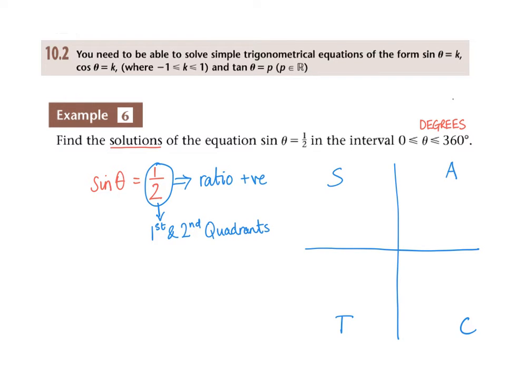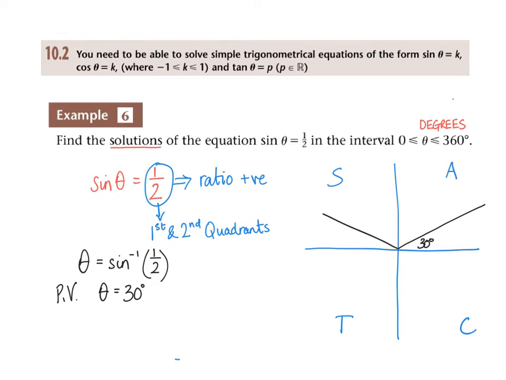So what we do is we use a calculator to find out what theta is. So theta is equal to the inverse sine of a half, and that will give us our principal value. So that will give us the acute angle that theta makes with the x-axis, the horizontal. So theta is actually equal to 30 degrees. So I go to my diagram, that's 30 degrees there and 30 degrees there.